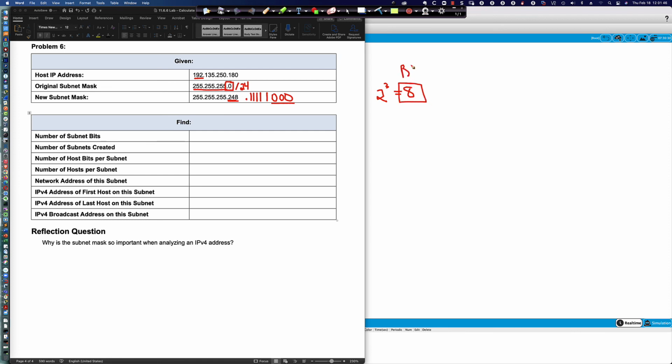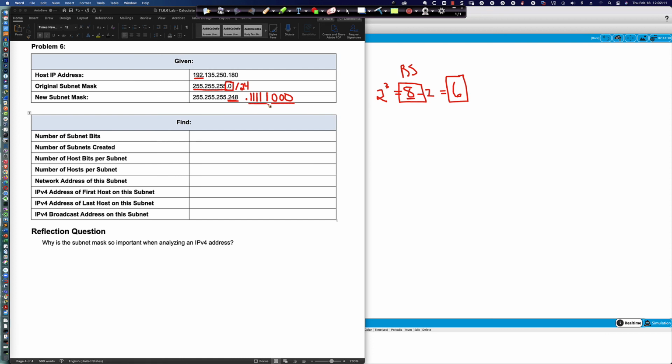That very important block size between my subnets. However, subtract 2 from that, and it gives me the usable number of IP addresses per subnet, right? So these are going to be smaller subnets with only 6 IP addresses for each of those subnets. And we know our block size is 8.